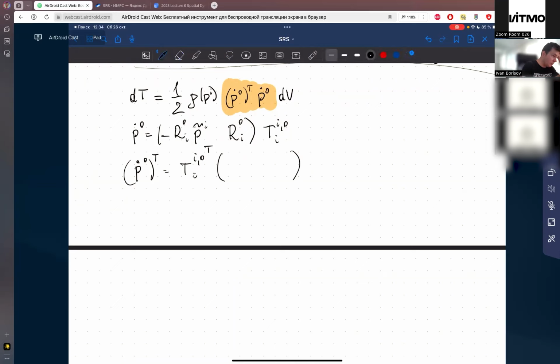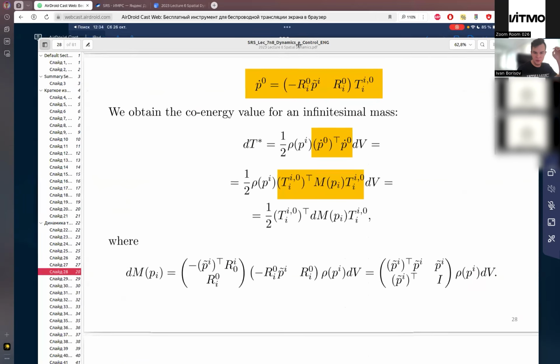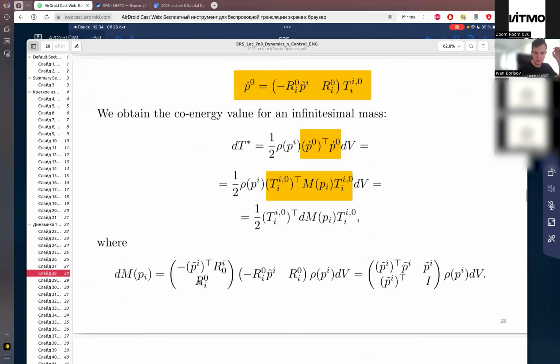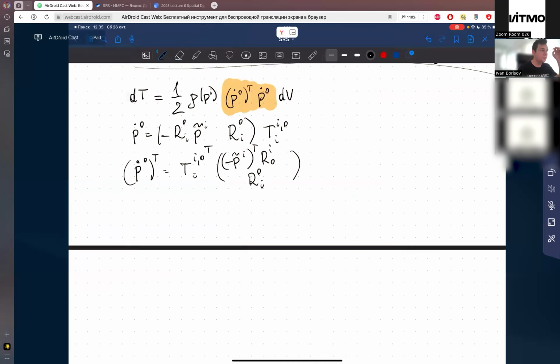If you do the transpose, you will get p in the skew-symmetric form I transpose R I O R O I. Still, the whole derivation you can find here. So this is the stuff that I just have written for you.